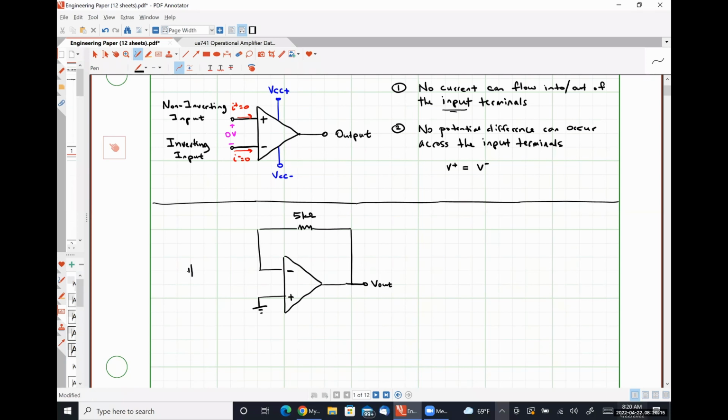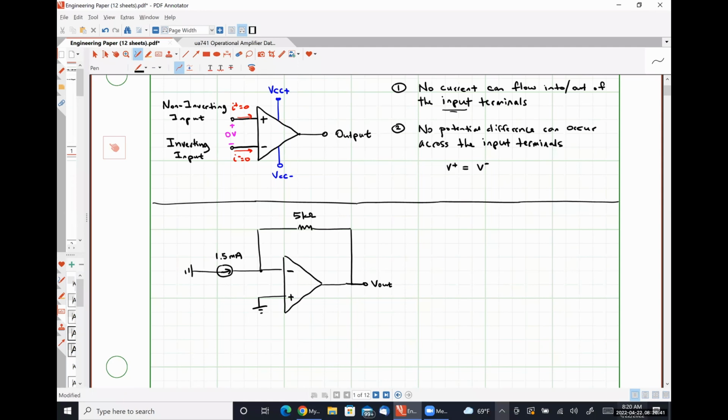And then at the input, specifically the inverting input, I'm going to apply a current source that has a value of 1.5 milliamps. Our goal in this case is simply to determine the output voltage of the amplifier.